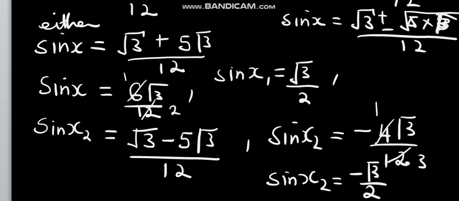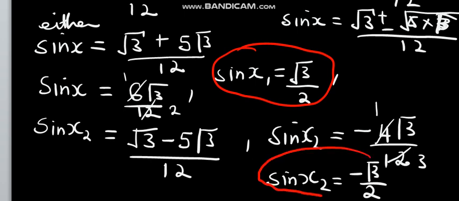For this case, students, we have managed to get two solutions, that is sine of x which is equal to this, and another sine of x which is equal to that.